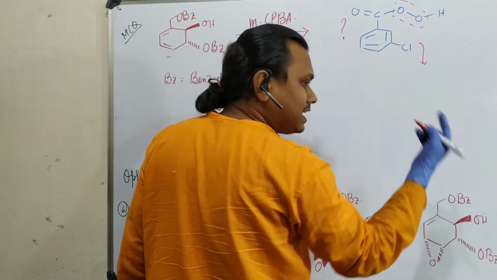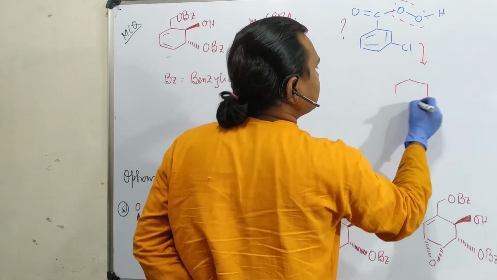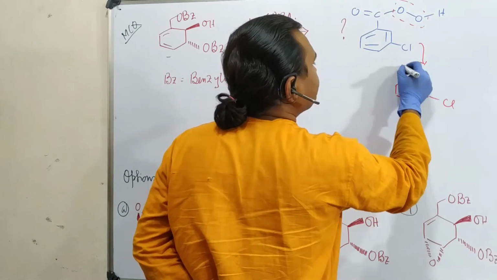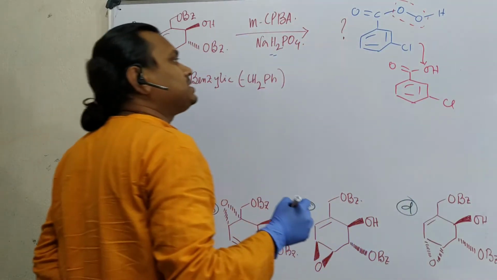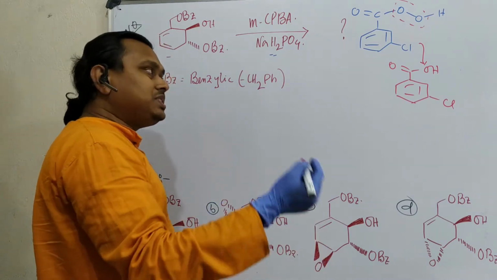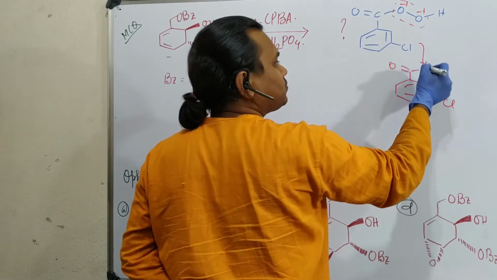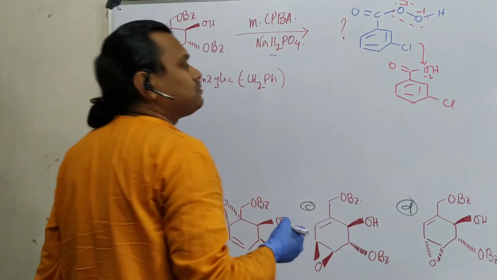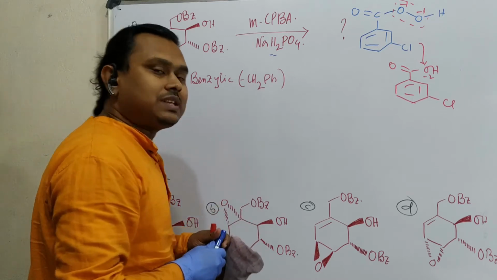This oxidizes someone and itself gets reduced to metachlorobenzoic acid. Obviously, because in this case the oxidation state of oxygen is -1, whereas in this case the oxidation state is -2. That's why it oxidizes someone. Now from this we understood it is an oxidizing agent.